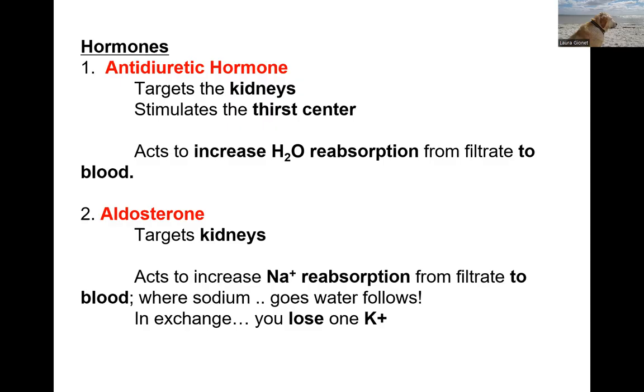Adrenal medulla is the inner region, epinephrine and norepinephrine. Adrenal cortex, we have 3 hormones from there. But aldosterone from that area targets the kidneys, but it acts in a different way. It's going to actively pump sodium from inside of one of those little tubules that are called nephrons, from inside that tubule into the interstitial space.